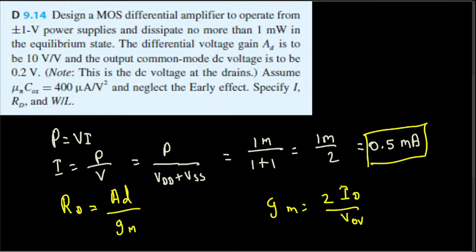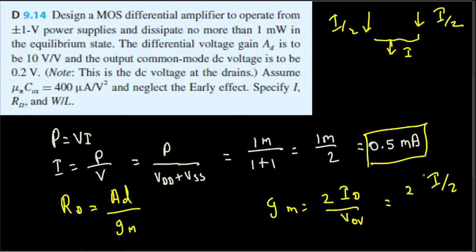But do we know ID? In a differential amplifier, the two sides' currents come together as the total current I, and each side is I divided by 2. So gm is 2 times I over 2, divided by V overdrive. The 2s cancel, and finally we get the expression I over V overdrive.